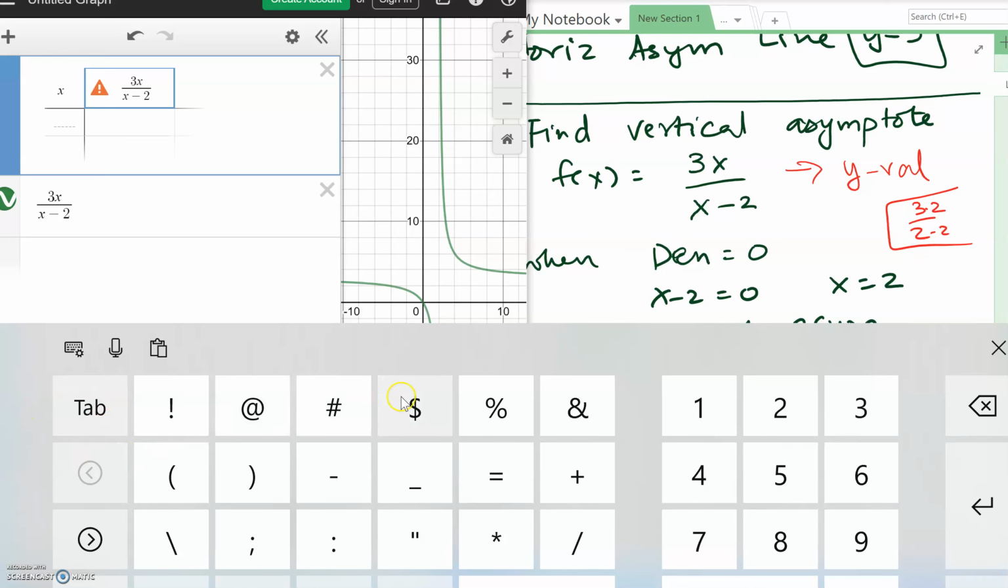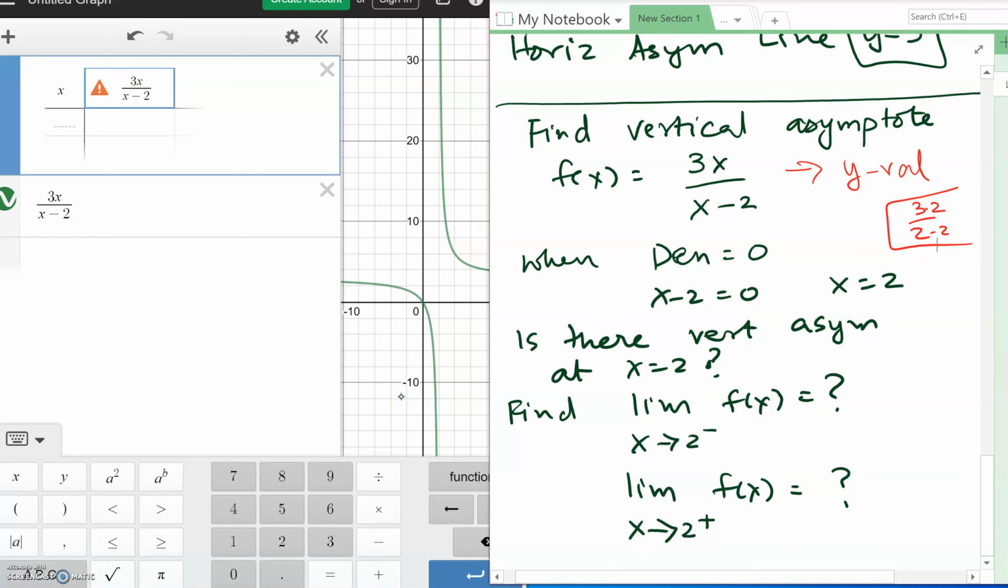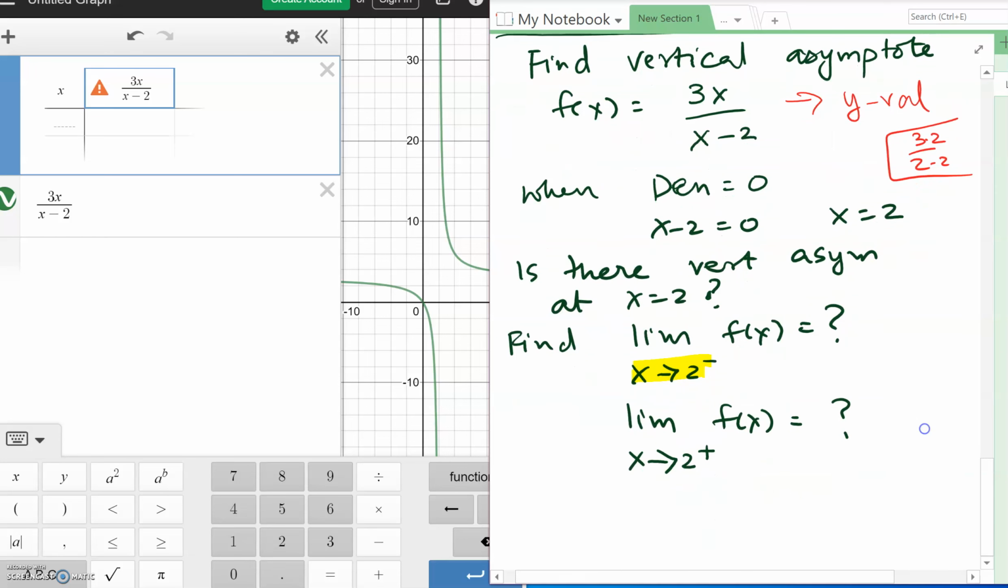Note that x approaches 2 from the left side. Let's draw a number line: 2, and x approaches 2 from the left side.